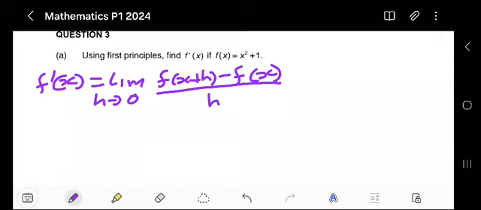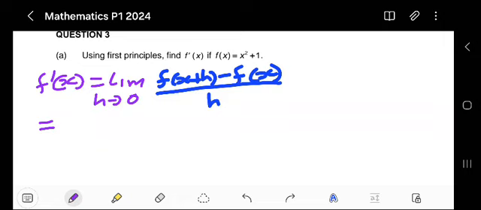Then you can do it separately if you want. You can start with that and come with that, then substitute in the formula. But I'll put everything in one time.